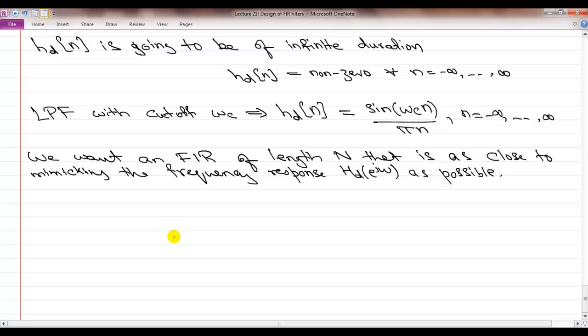What we want is to somehow systematically convert this h_d[n] into a finite length response.